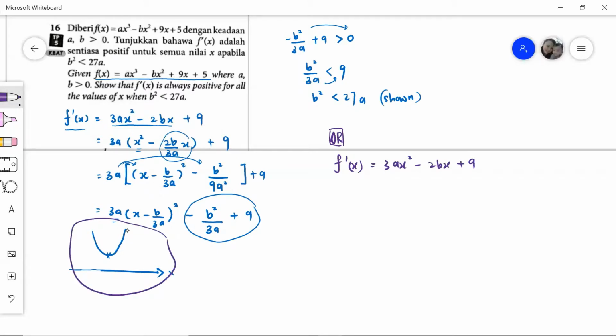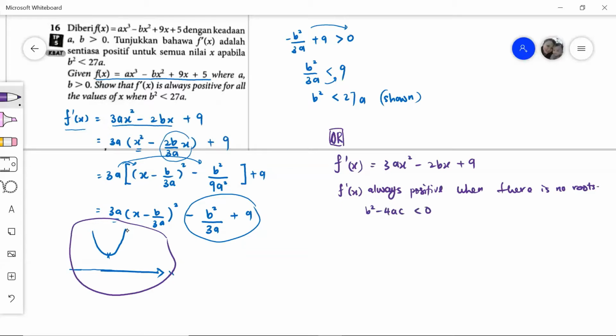The graph will never intersect the x-axis, therefore there is no root. So f prime x is always positive when there are no roots. When there are no roots, that means b squared minus 4ac is less than 0.